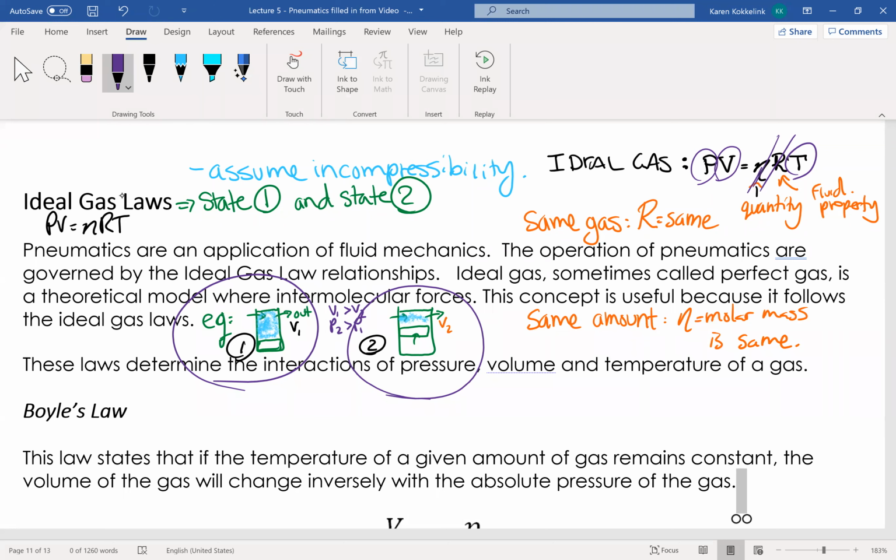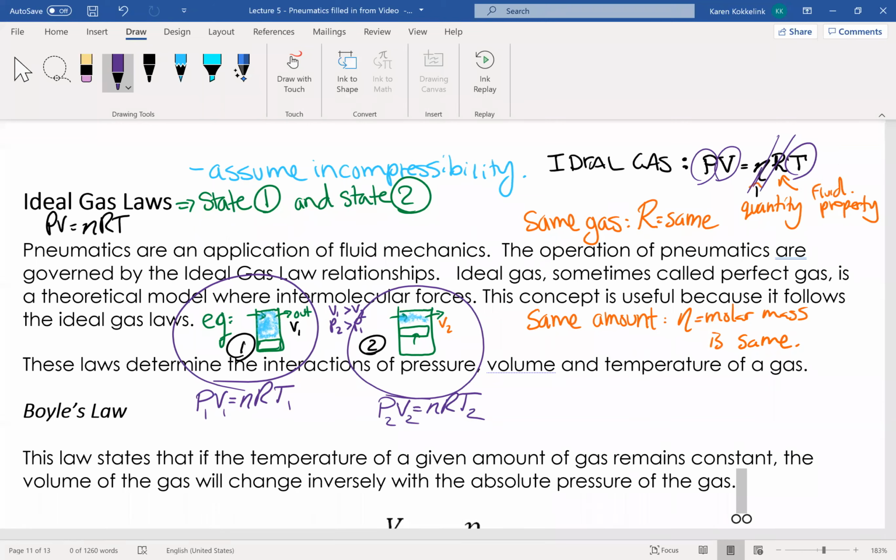So PV equals nRT happened at state 1, and PV equals nRT happened at state 2. So P1V1 equals nRT1, and P2V2 equals nRT2.